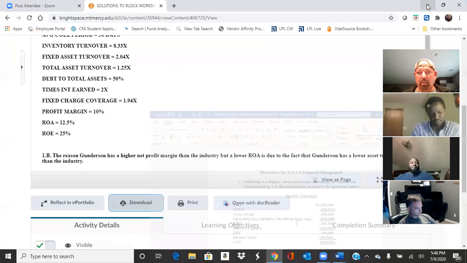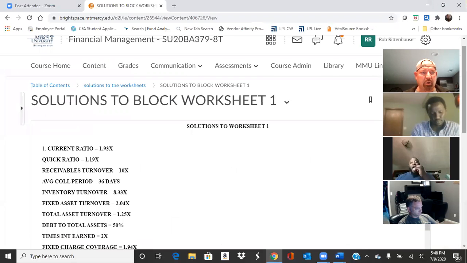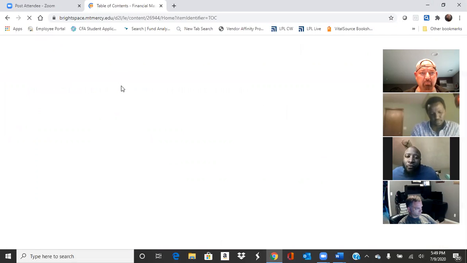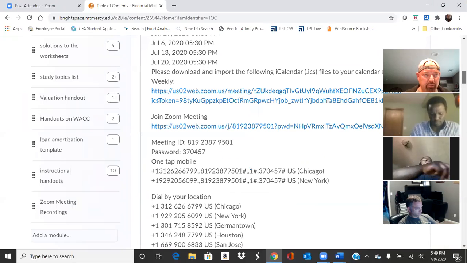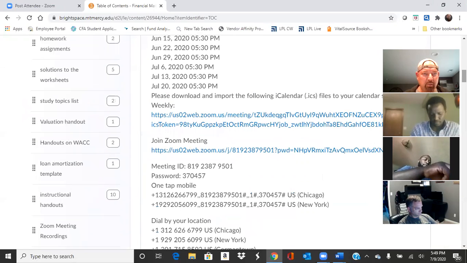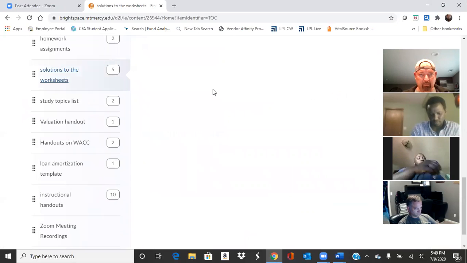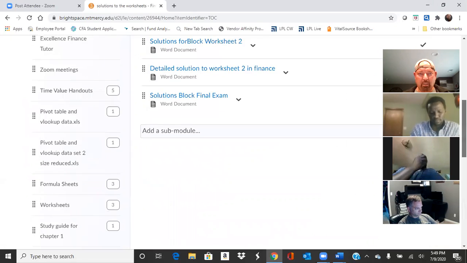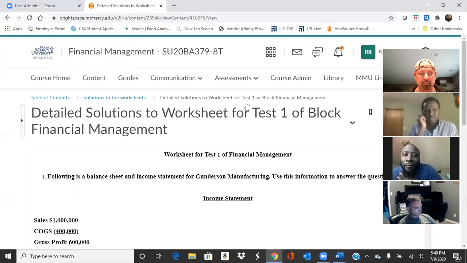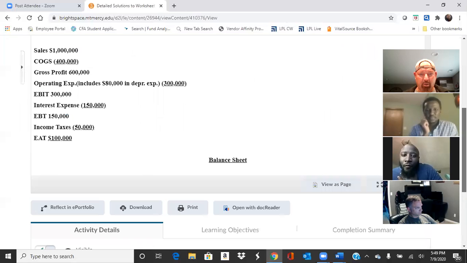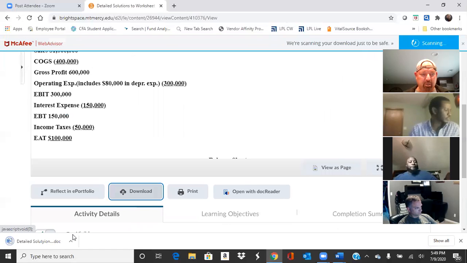And here are the detailed solutions. Let me get that downloaded, and then we'll be all set to cover the worksheet.